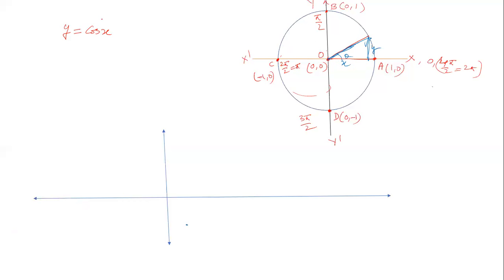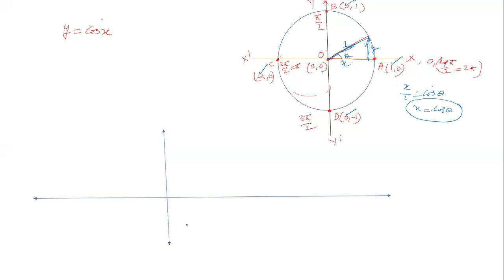From this triangle, we can find out, this is 1, x upon 1 is cos theta. That is x equals cos theta. That is, the value of x will give us the value of cos theta.